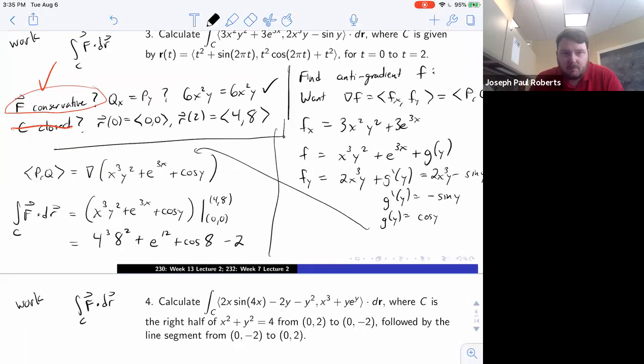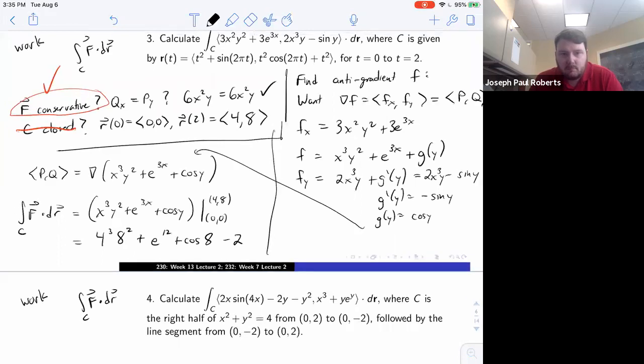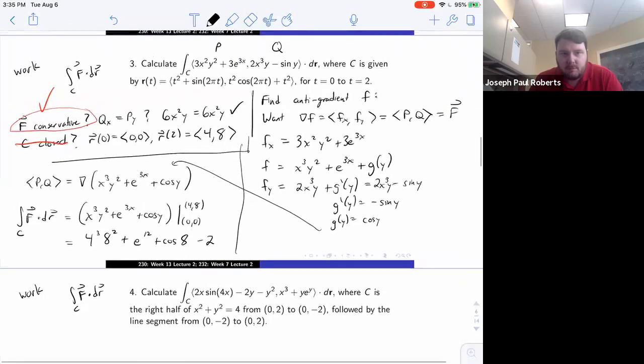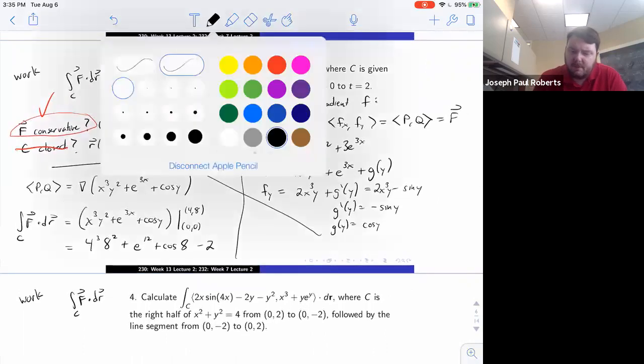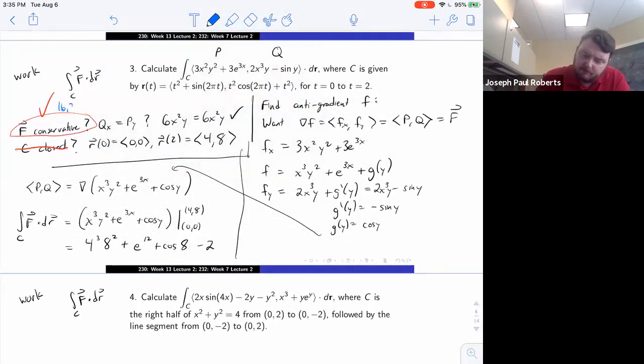All right. So we used the fundamental theorem of line integrals because we had a conservative vector field.